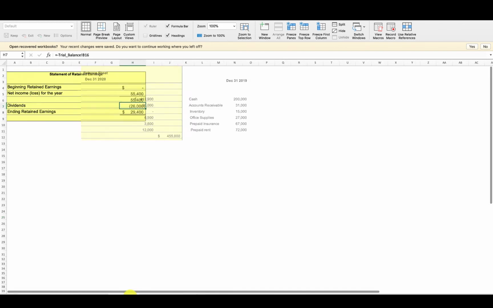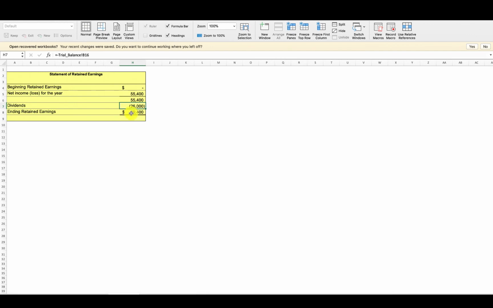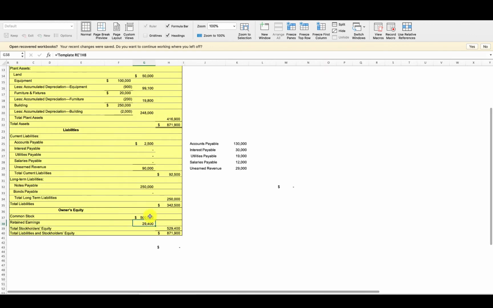Retained earnings comes from the retained earnings statement. So I go to the ending retained earnings on the retained earnings statement. Now I have 500,000 plus 29,400, which gives me 529,400. And now I add my liabilities of 342,500 and my equity of 529,400. I add those two together and I get 871,900.